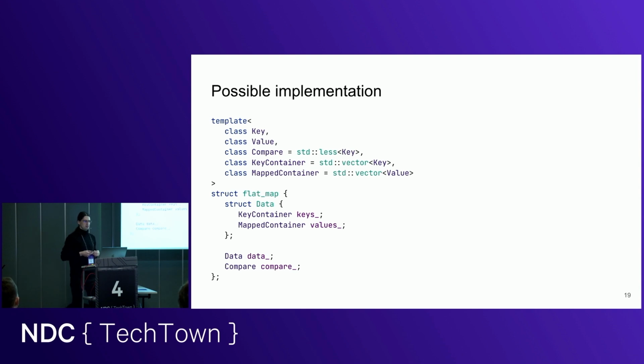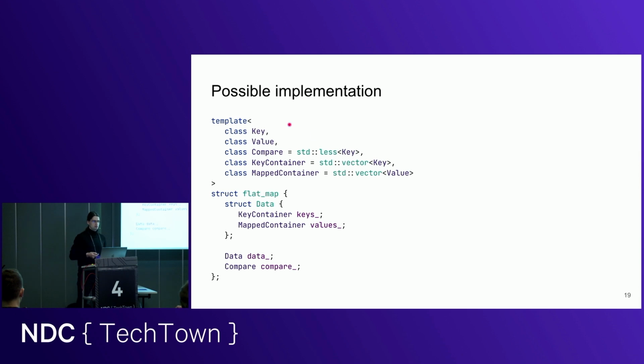But before, we should see the possible implementation. We have a slightly larger implementation than we had for map before, for set before. We have now keys, values, we have a comparator, and we have separate containers for keys and values.